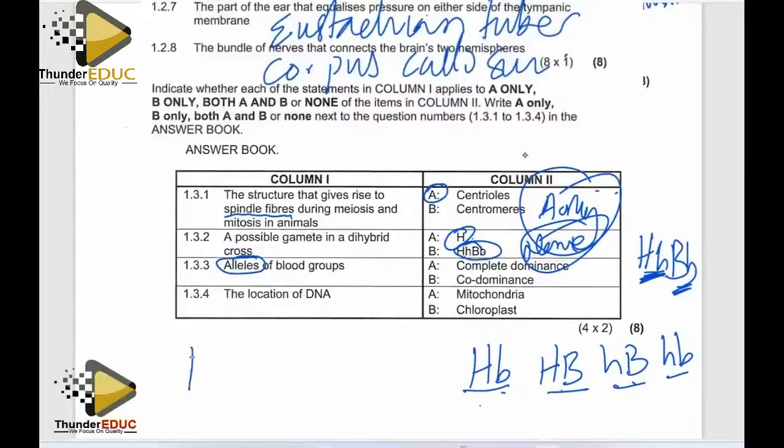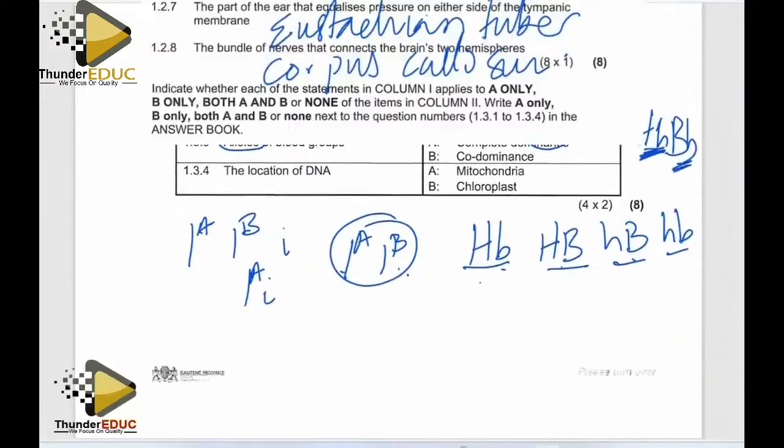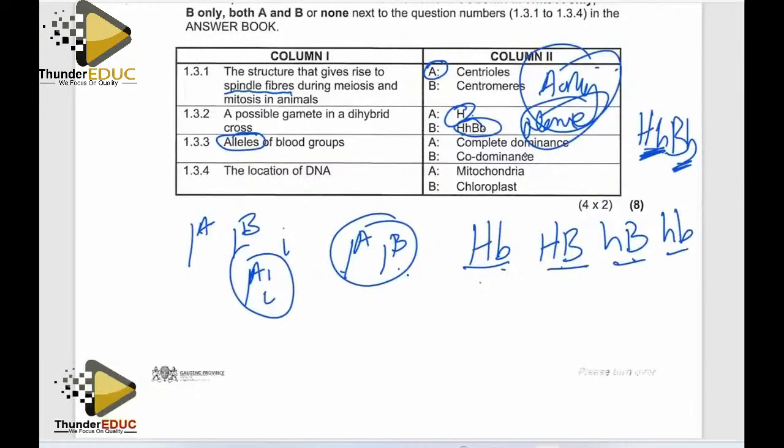So you have the allele for A, allele for B, and allele for O. If I have A and B, then it is codominant. But if I have allele A and that for O, check what is here. This is completely dominant.